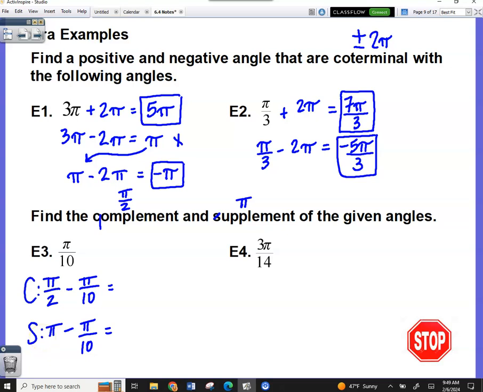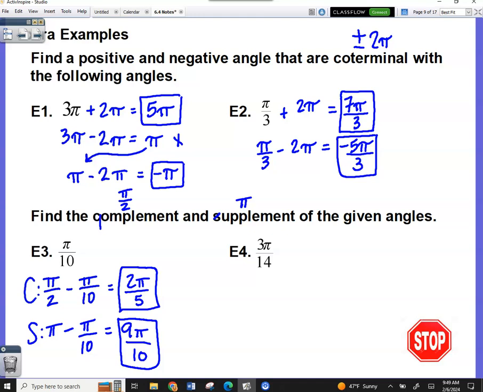For the complement, did you get 2 pi over 5? And supplement 9 pi over 10? You can use your calculator. Remember alpha y equals for fractions or math frac.